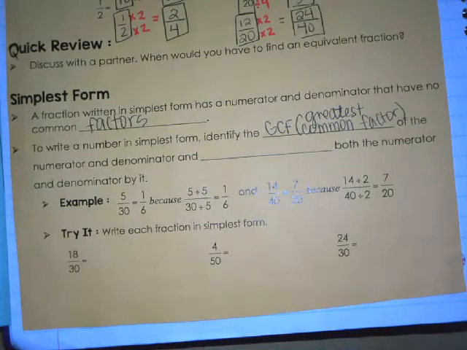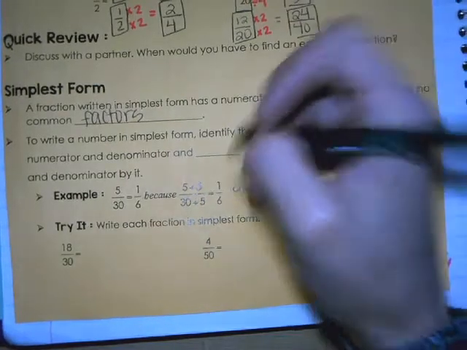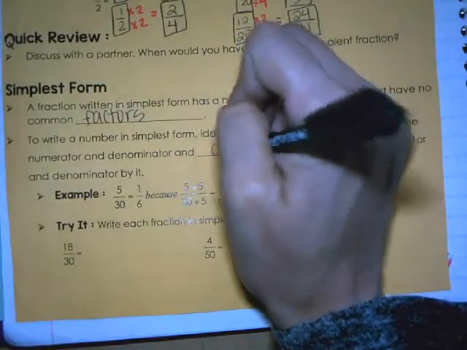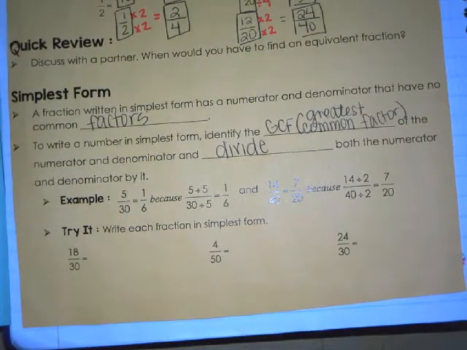It does not mean you have to. You just have to get it in the simplest form, and I'll show you what I mean in a second. So to write the number in simplest form, identify the greatest common factor of the numerator and denominator and do what operation? Divide. And divide both the numerator and denominator by it.